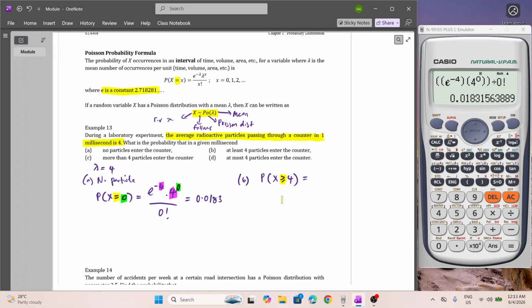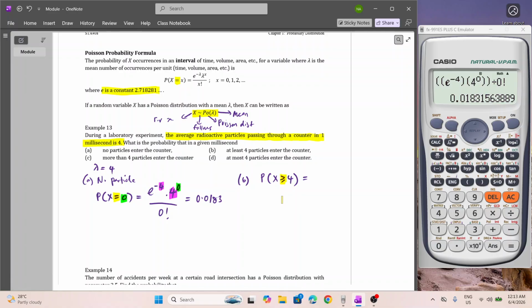It is easier to use the statistical table. But if the question asks you to use the formula, then you need to use the formula. This time I will show you how to find the answer using the statistical table.